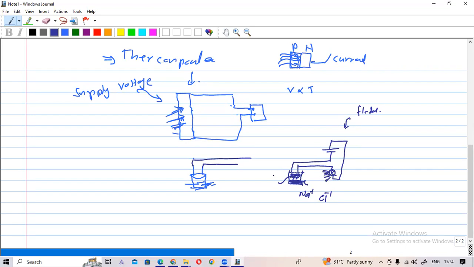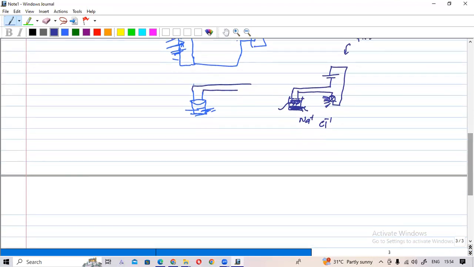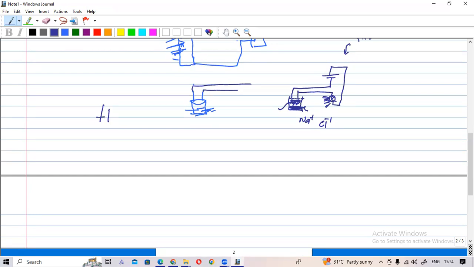Actually, the same concept is there for many flood detectors and flood sensors. You have only two points, and when the flood touches them, these two points are shorted. That is the operating principle of many flood sensors.